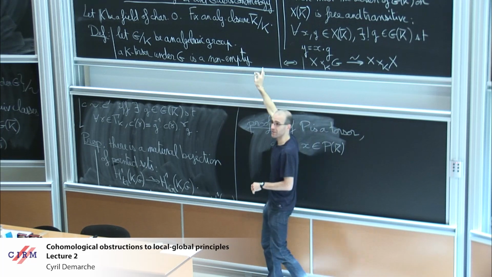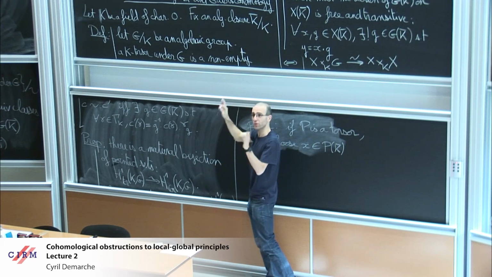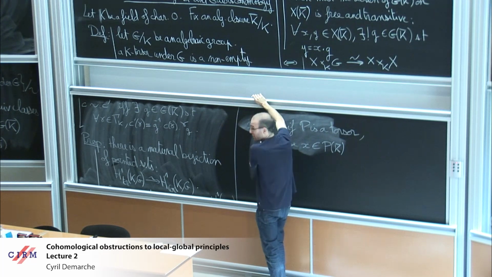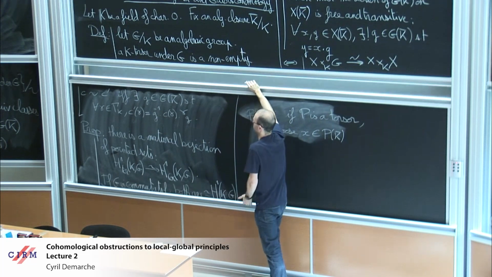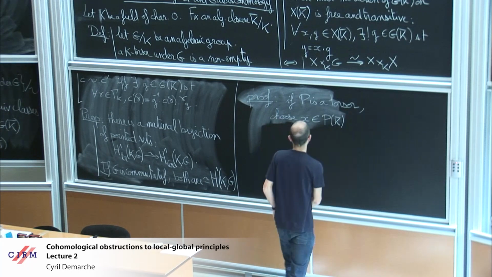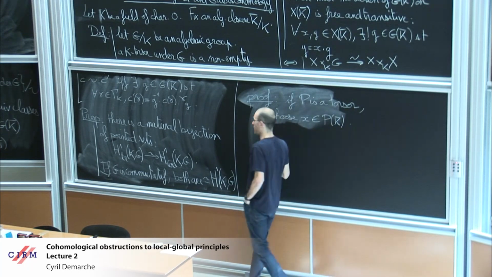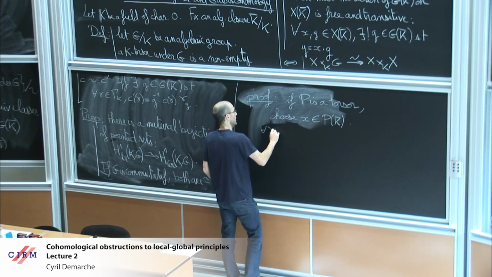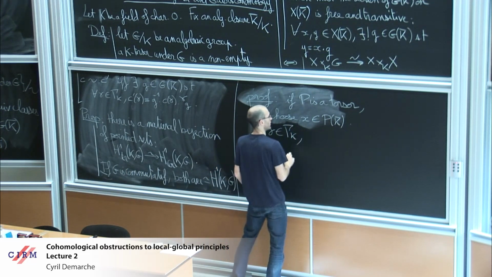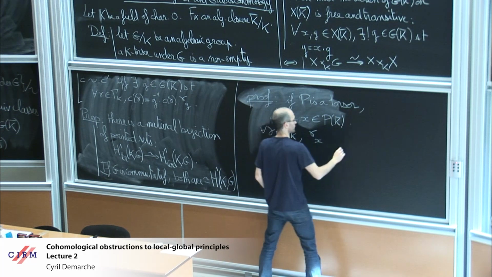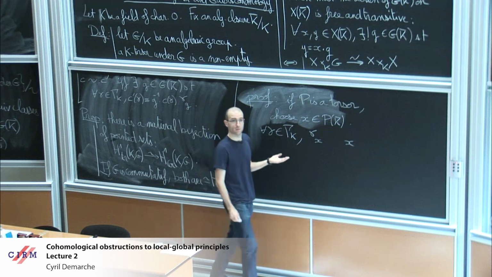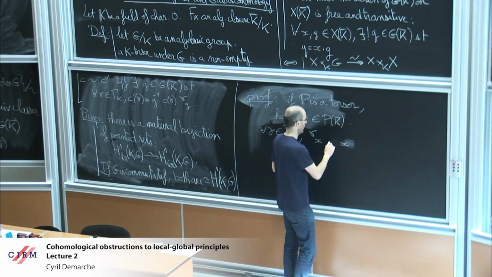If you remove non-empty, you get a notion called pseudo-torsor, and you really want to have points to get a cocycle. So you choose a point x, and you look at how the Galois group acts on this point. For any element gamma in the Galois group, you have x and gamma(x), which are two points of P(K-bar).